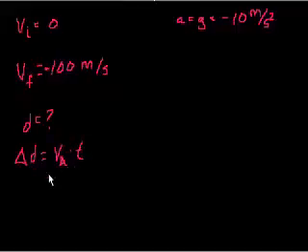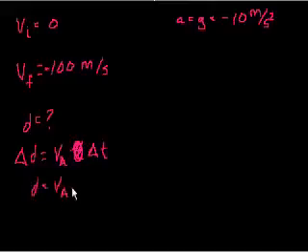Velocity really is just change in distance divided by change in time. So actually, let me change this to change in time. But since we normally assume that we start at distance equal to 0 and time equal to 0, we can write distance is equal to average velocity times time.